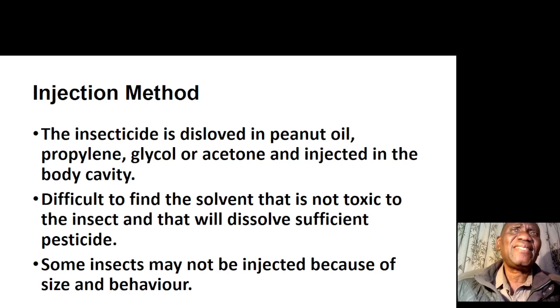You can't differentiate the effects of the solvent versus the effects of the pesticide. Some insects may not be injected because of size and behavior, so it may be difficult to administer the pesticide as well.